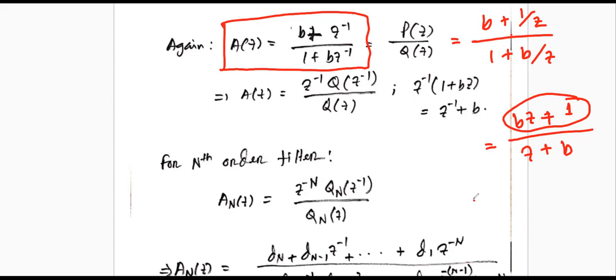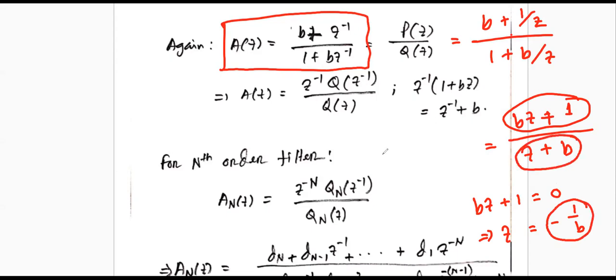From there, we find BZ plus 1 is equal to 0, so Z is equal to minus 1 by B. That is the zero location. On the other hand, from the denominator, we find Z plus B is equal to 0, so Z is equal to minus B. So what we have found is that the pole location is at minus B and the zero location is at minus 1 by B. And that is the relation.